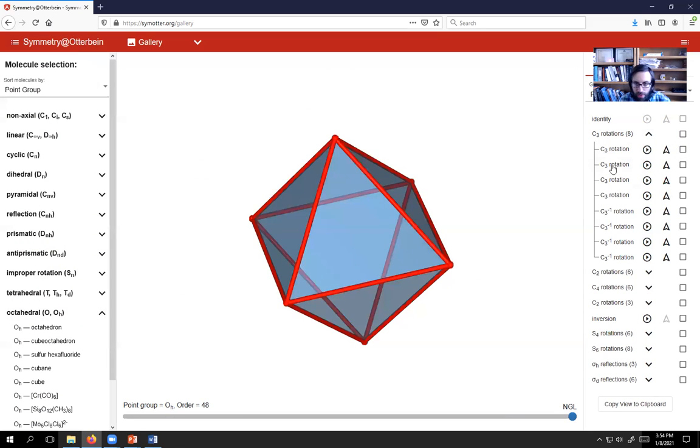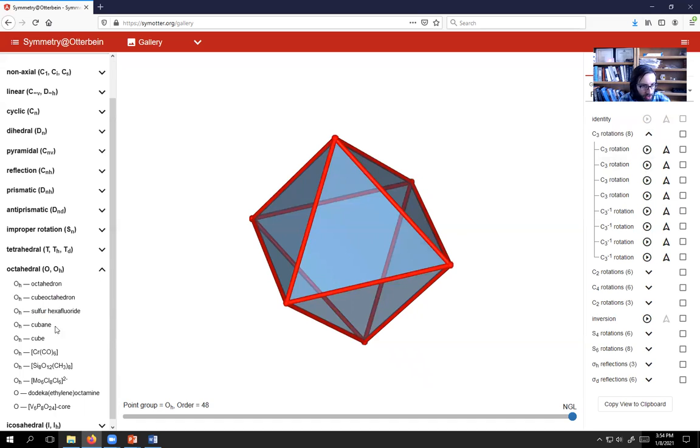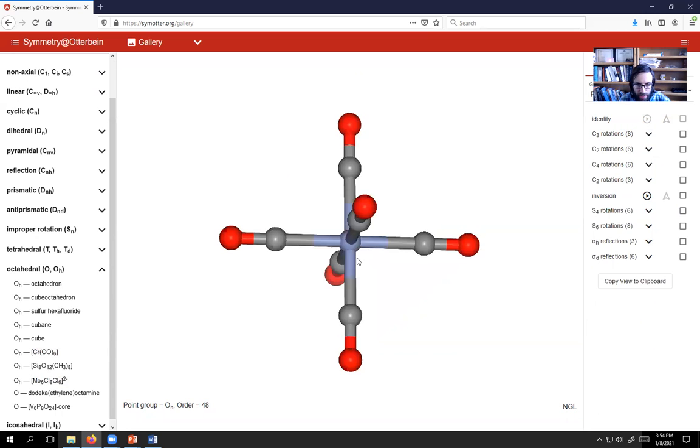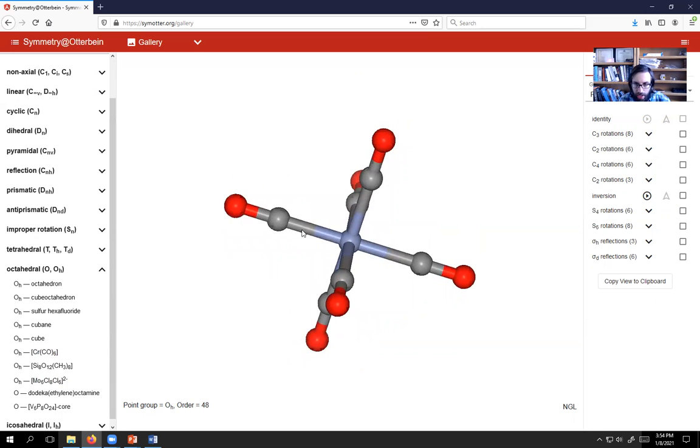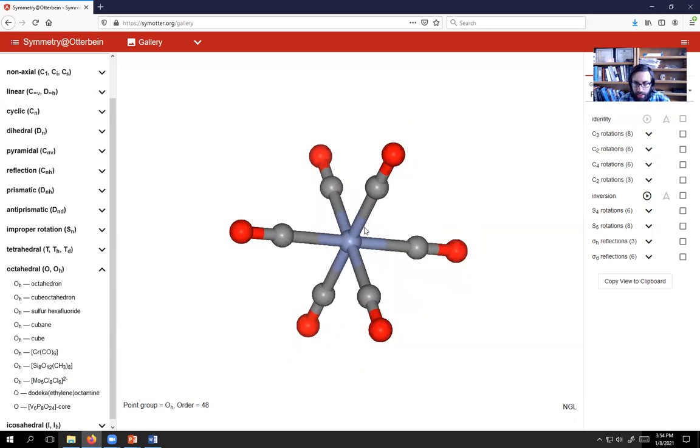This is just a super useful site. This isn't a molecule though, this is a 3-dimensional shape. So let's look at a molecule. This is probably the simplest one. This is just a metal center coordinated by 6 carbon monoxide ligands. And so this is very similar. Let's try to visualize some other symmetry operations like inversion.